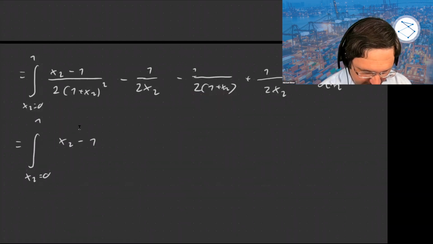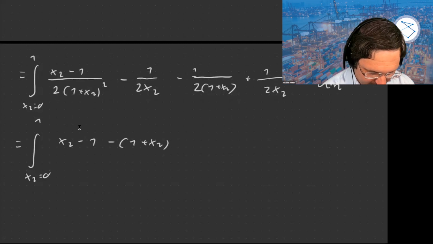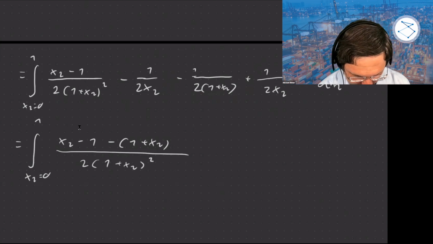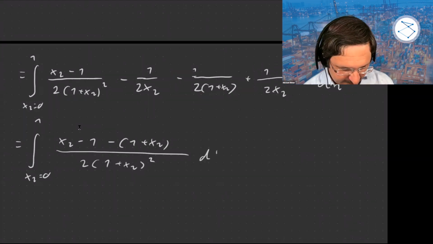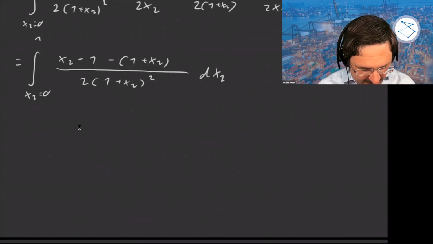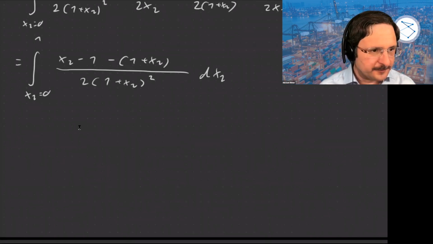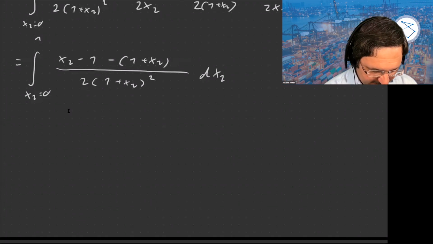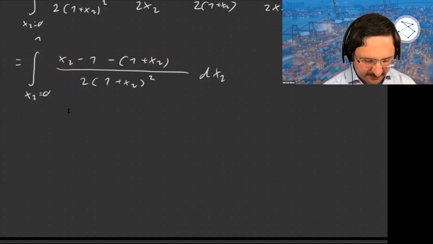And then instead of the minus 1, we get minus (1 plus x2) over 2(1 plus x2) squared, right? dx2. And that means here we have an x2, here we get minus x2, so those cancel out.